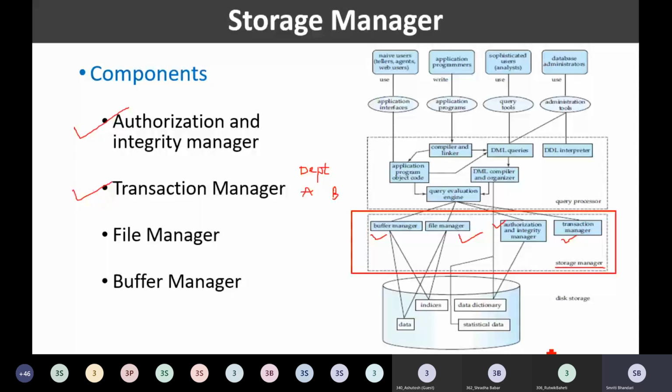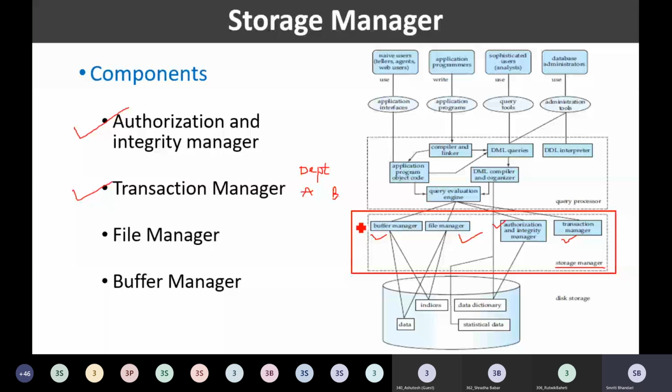So, let me proceed. We have two departments, say department A and department B, and some budget is associated with every department. So department A has some budget and department B also has some budget.